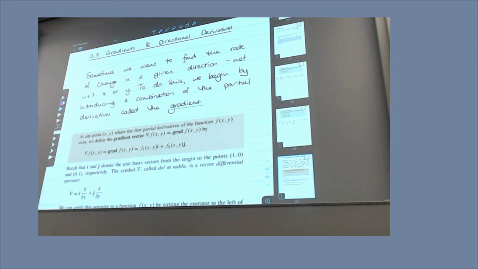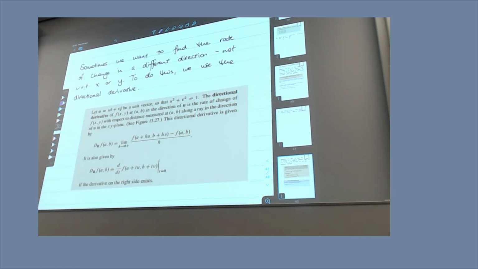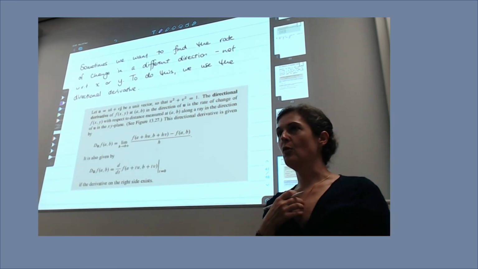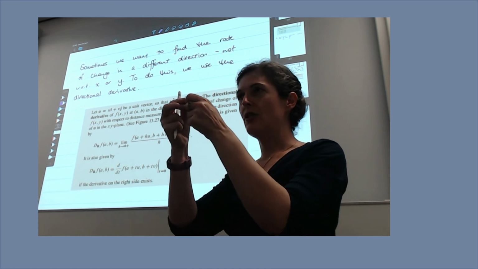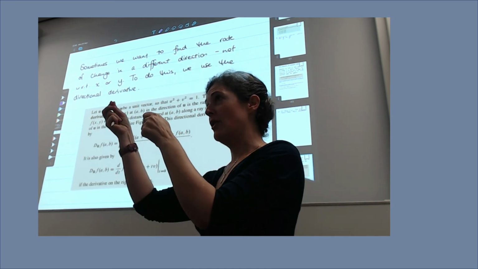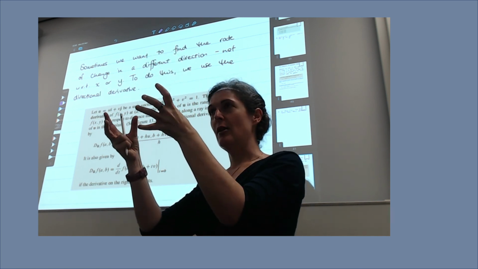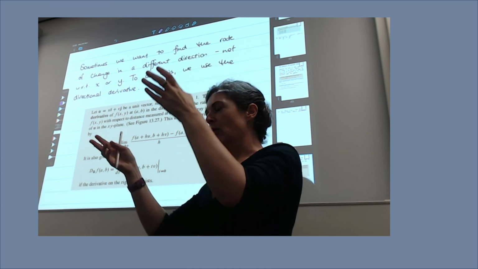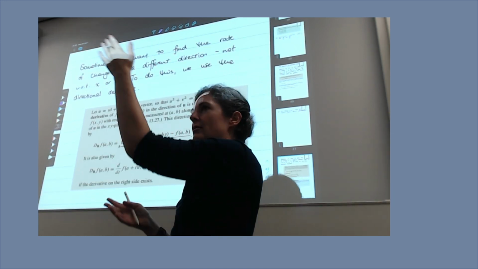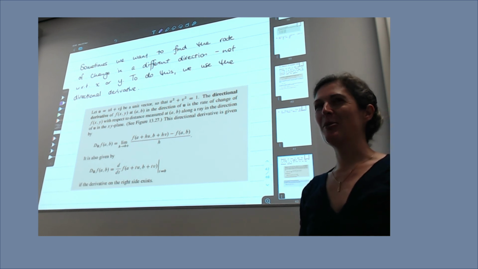And we're going to use that to talk about the directional derivative. What if we want to find out the rate of change not in the x or the y direction, but in any direction given to us by a vector? So we pull this all together to be able to say, I want to know the rate of change in that direction, and we can calculate it. Alright. Good job, everyone.